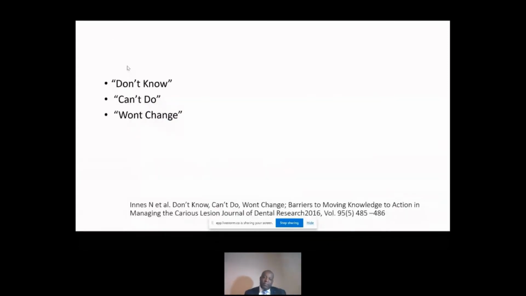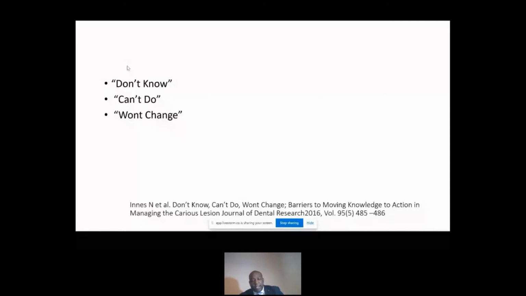The following slide lists 3 reasons why people have a barrier to change. Does that describe you? You don't know, you can't do, or won't change. I'm very passionate about minimally invasive dentistry. And we know that as time goes on, products develop and new procedures come aboard.